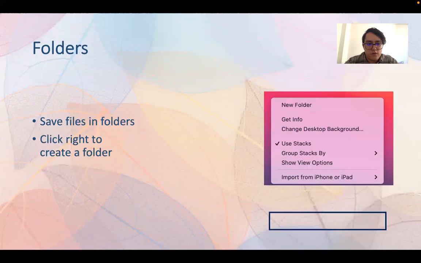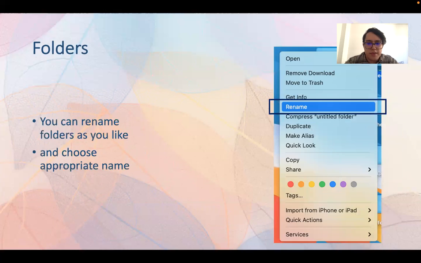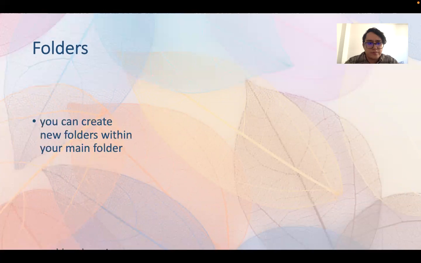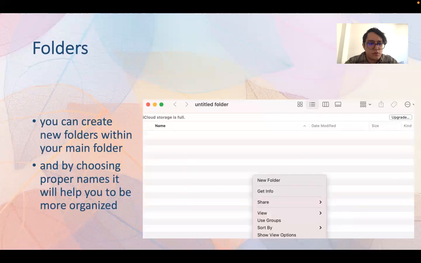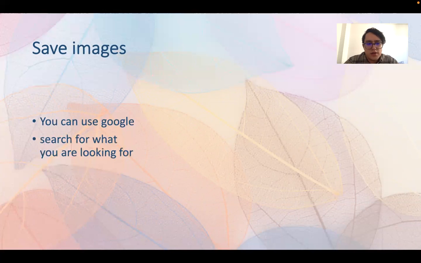You can save folders to be more organized. You can rename them, of course. These are more basic, you should know by now. You can also create a new folder within a folder. This helps you to organize your work more. So for each homework, for example, you can create a folder.